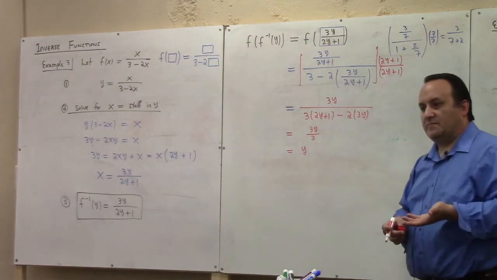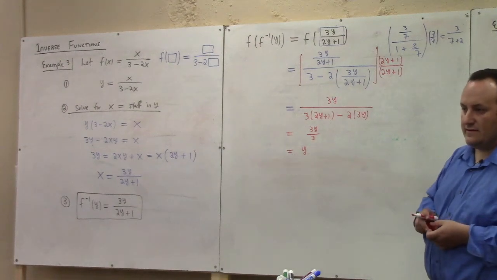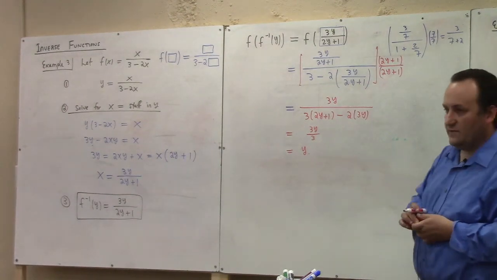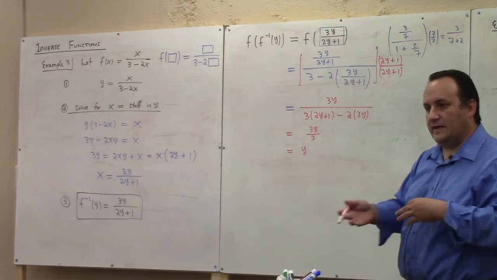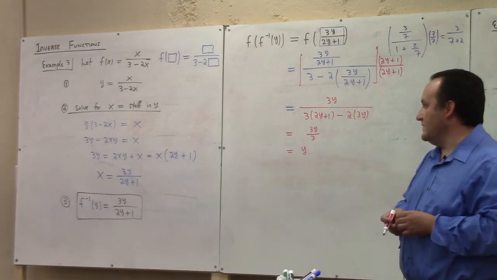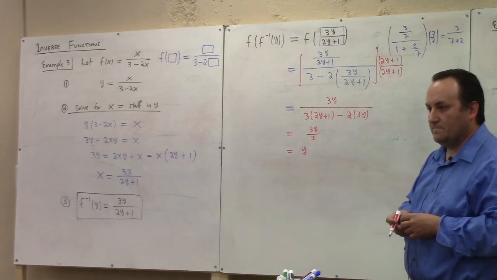This is what should happen. If we calculated the inverse function correctly, when we compose the inverse function with the function, it should do nothing. It's an inverse in the sense of composition of functions, right?